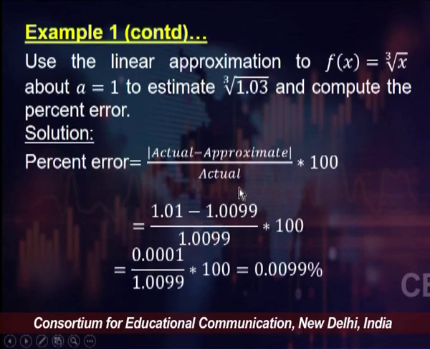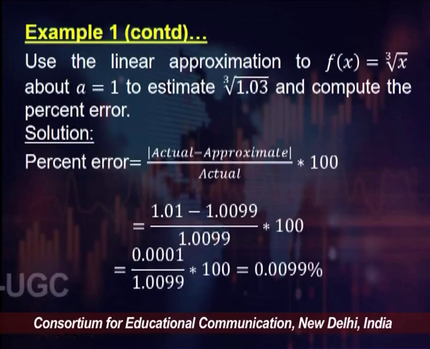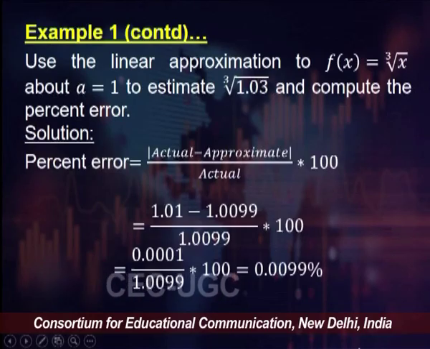So, because we are looking at the absolute value, we can take the difference in any order. So, our approximate value was 1.01. I have taken that first because that is larger. So, from that I have subtracted the actual value, which is 1.0099, does not matter because we are looking at the absolute value in the numerator.